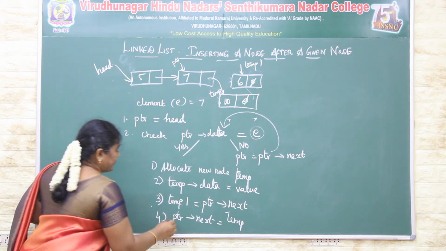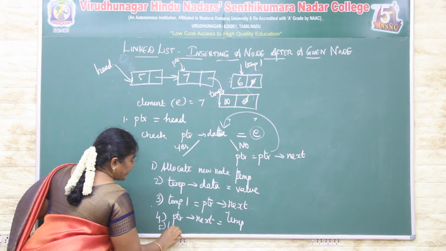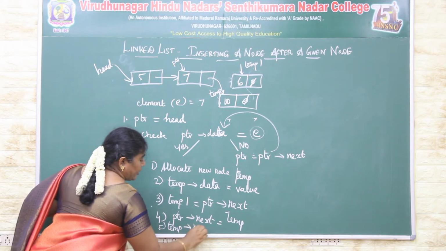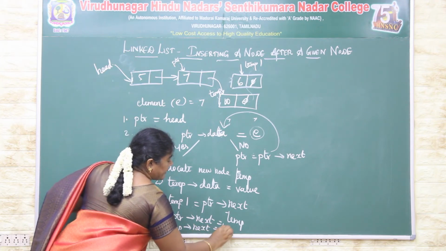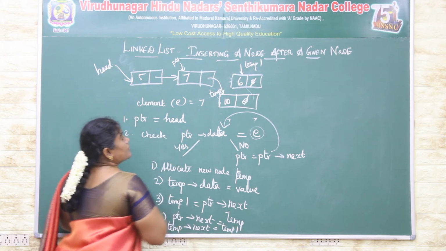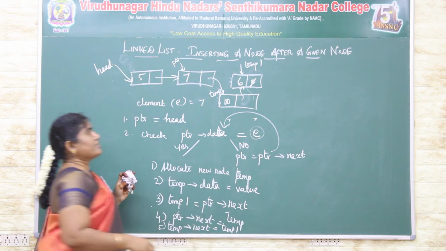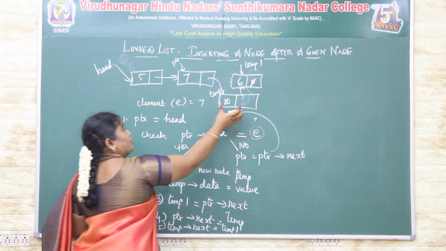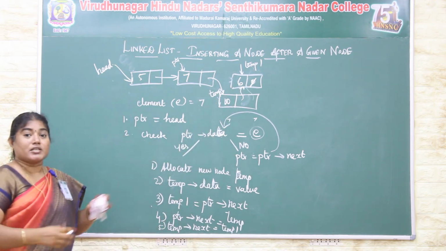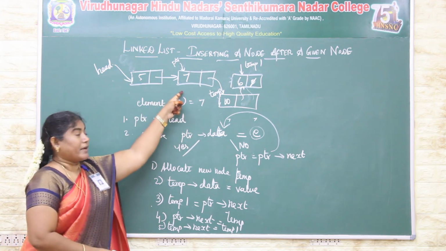My next step, my temp pointer next is equal to temp1. So now this will point here. See, now I am inserting a new node after a given node. This is the case if the given element is present.